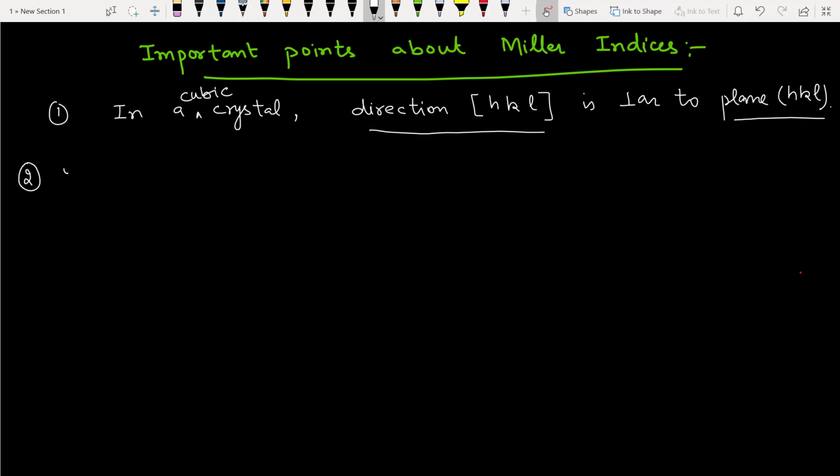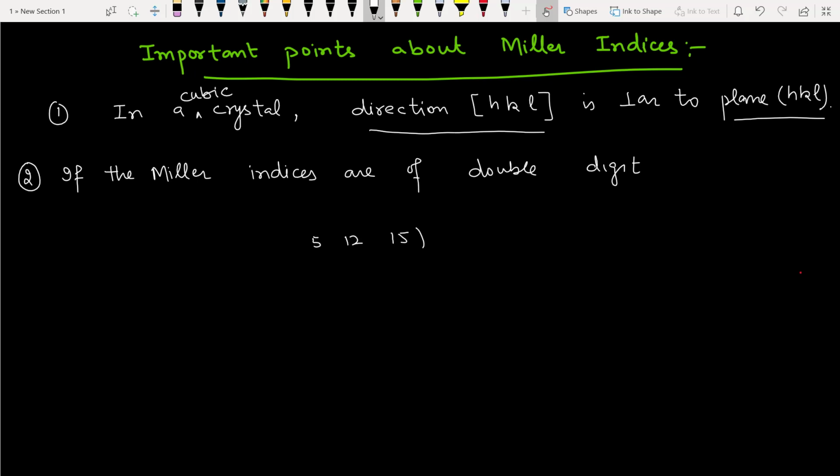If Miller indices are of double digit, like 5, 12, 15, then they are separated by commas.